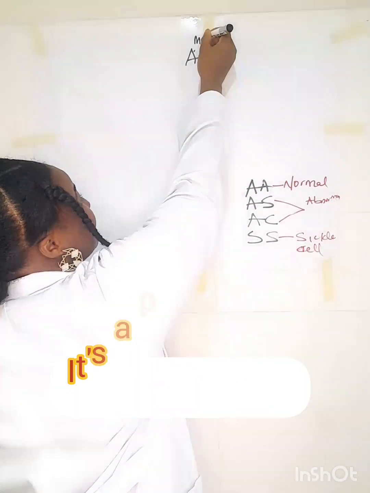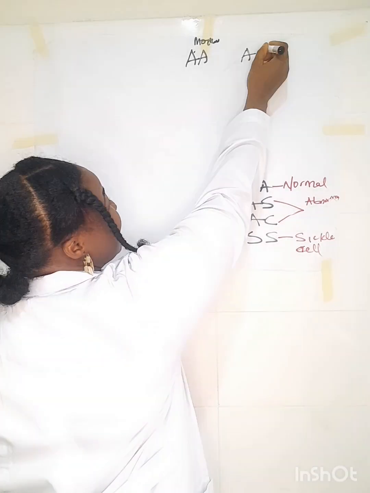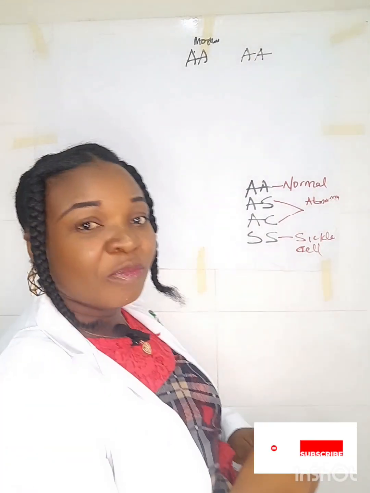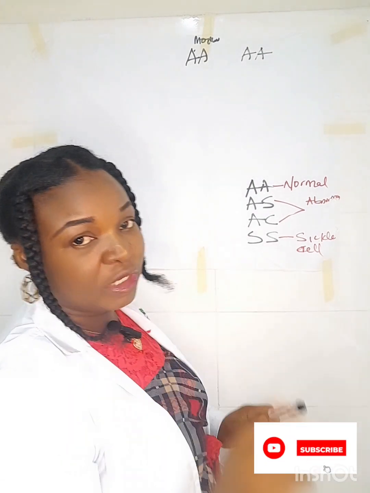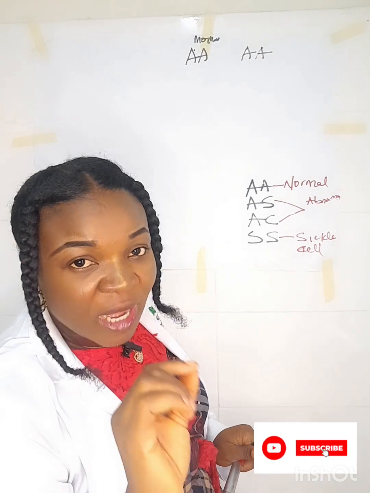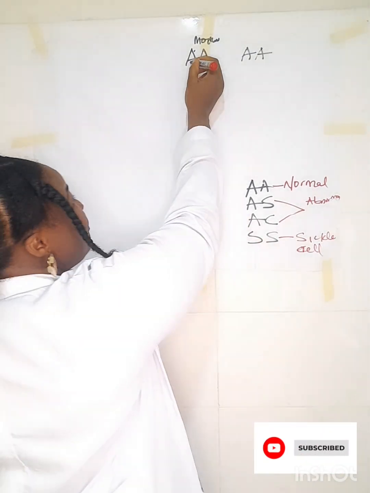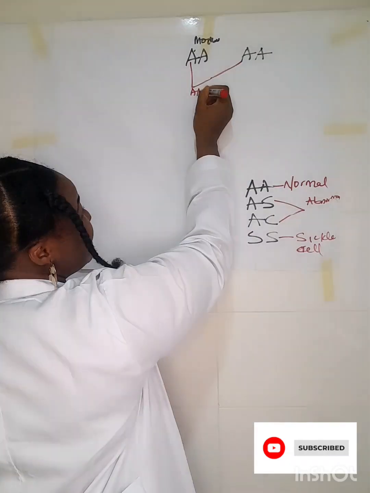Now, let's assume that the mother is AA. This is the mother, and the father is AA. Let's do the combination for them having 4 children and the probability of each of the pregnancy becoming a normal hemoglobin. The first A from the mother combines with the first A from the father, you get an AA.